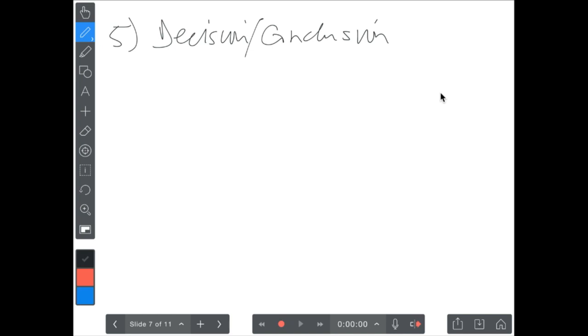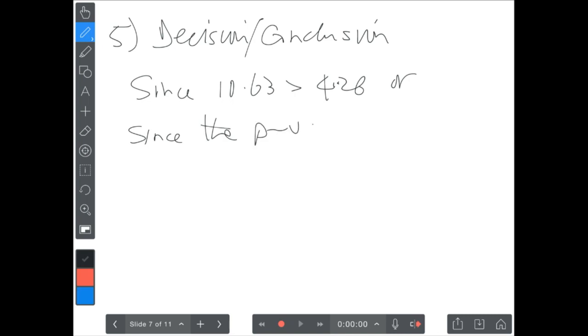Since 10.63 is greater than 4.26, that's the critical value approach, or since the p-value is less than 0.05, which, because it is actually less than 0.01, I should just state less than 0.01, we reject H0.